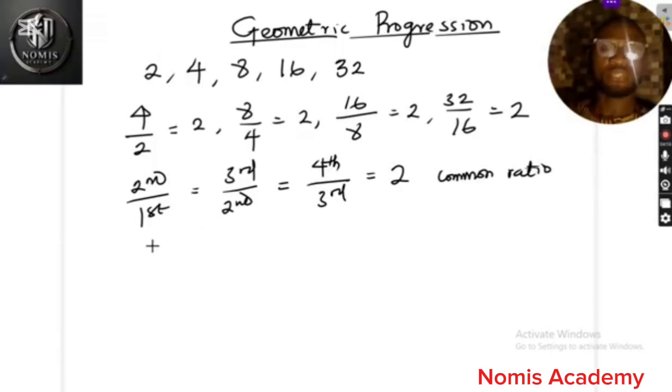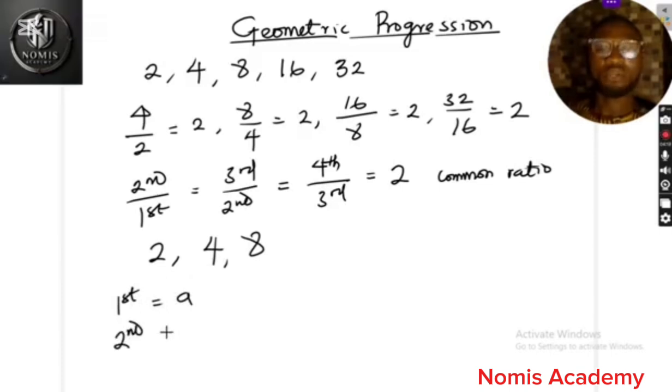So when I now study it, if I have 2, 4 and 8, my first term is, let's take it as our A, just like in arithmetic progression. The second term becomes A multiplied by 2, right?